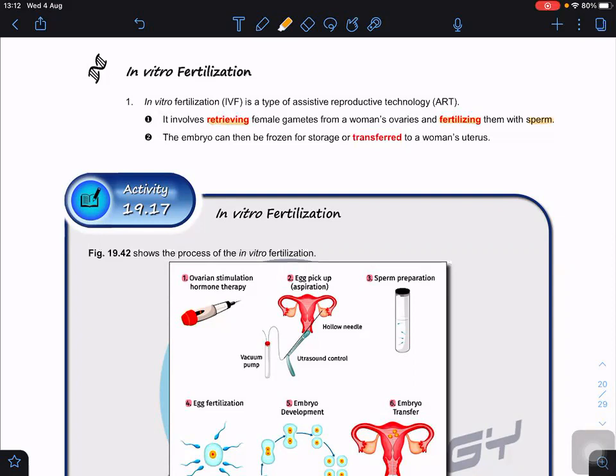It depends: if the husband cannot produce sperm cells or normal sperm cells, then the woman may need to opt for a sperm donor. The embryo can be frozen for storage, or transferred directly to the woman's uterus if she is already prepared.